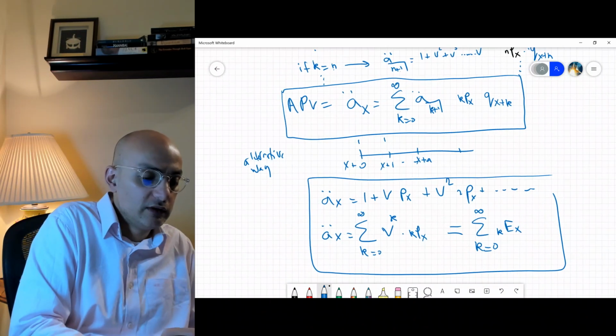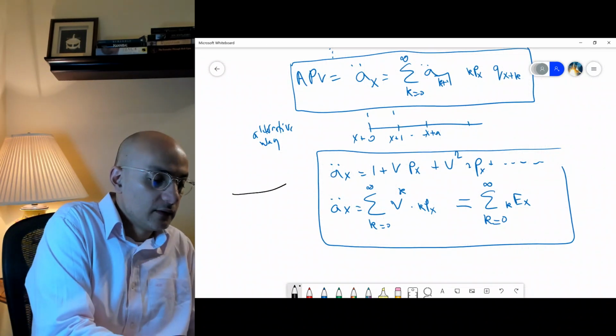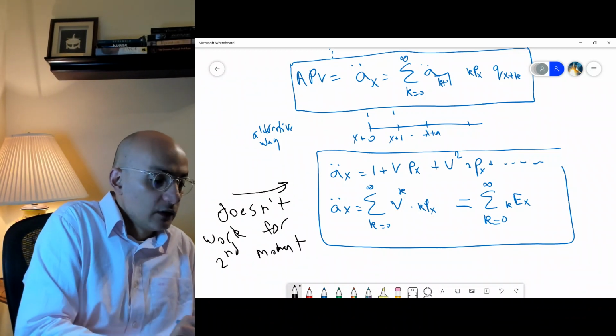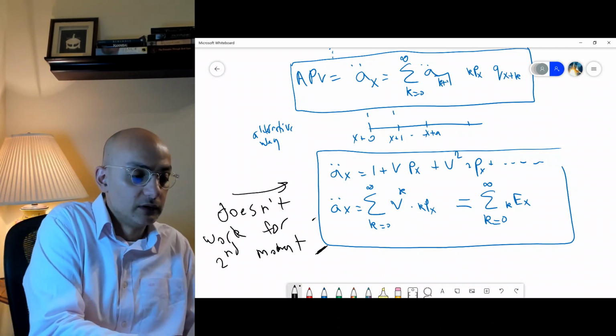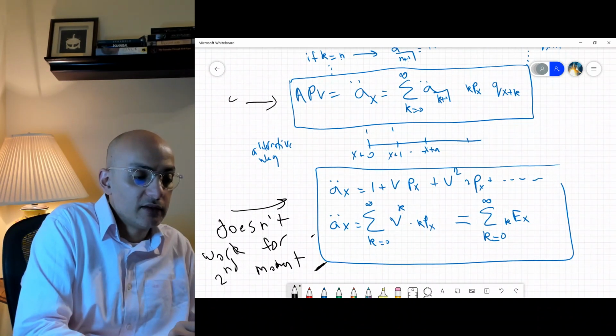The only thing you need to be careful about is that this does not work for the second moment. If you want to calculate the second moment, don't use this formulation; you have to use this one. How do you calculate the second moment?